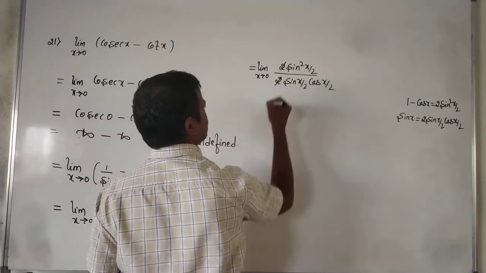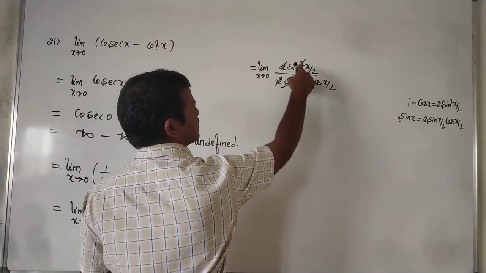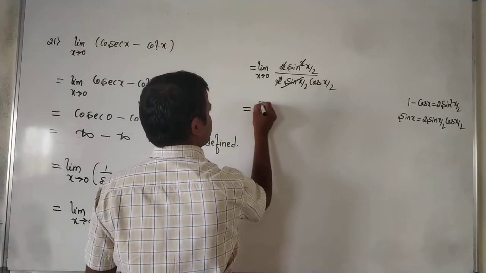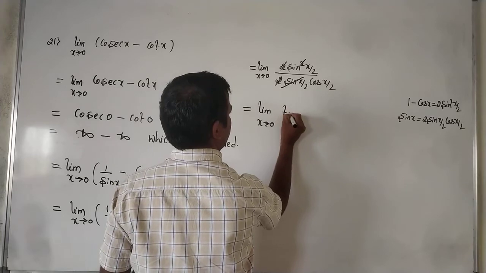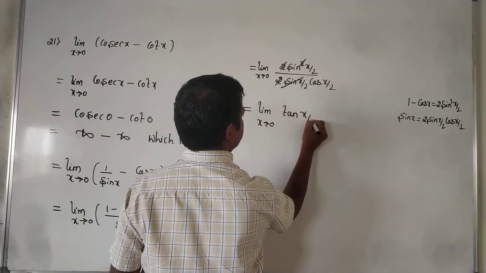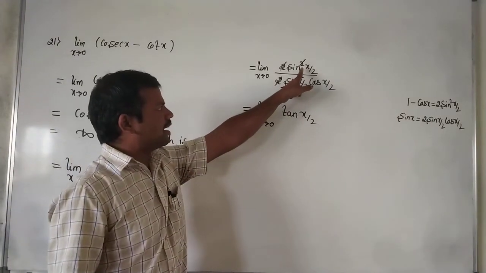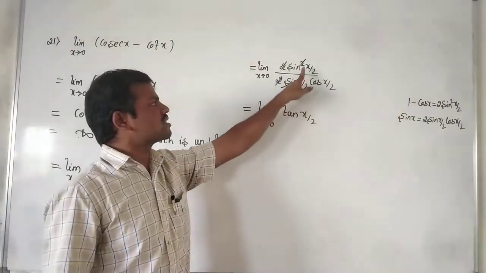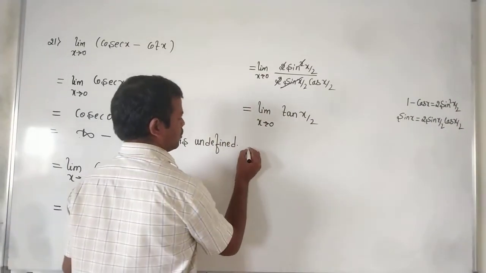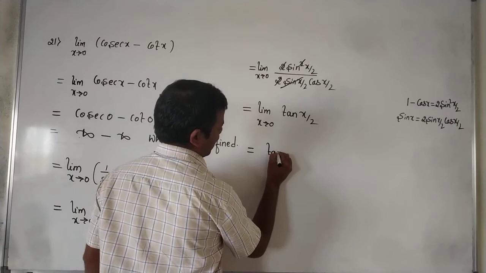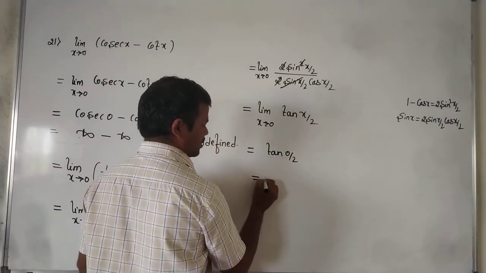So 2 cancels, sin x by 2 cancels, and sin by cos is tan, that is the limit as x tends to 0 of tan x by 2. One sin square is there, out of which one sin goes and one sin remains, so sin by cos gives tan x by 2. Now put the limit: tan 0 by 2 is 0, tan 0 is 0.